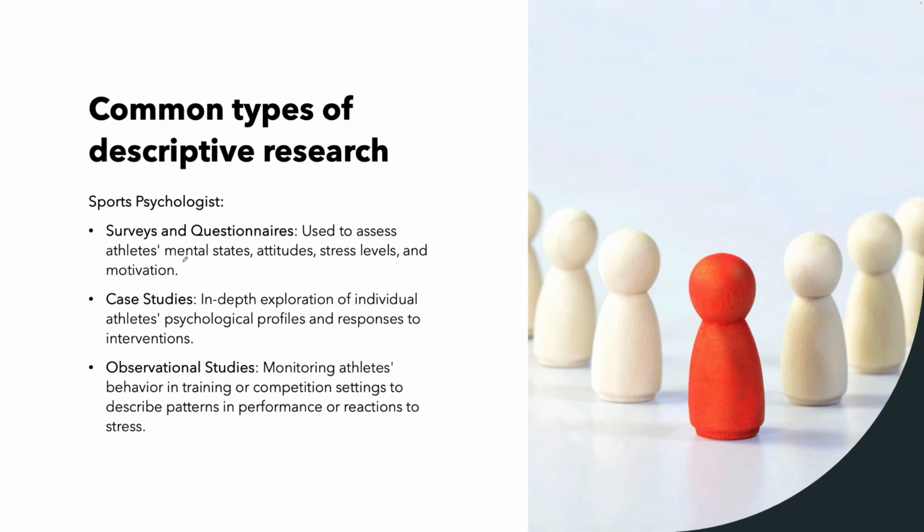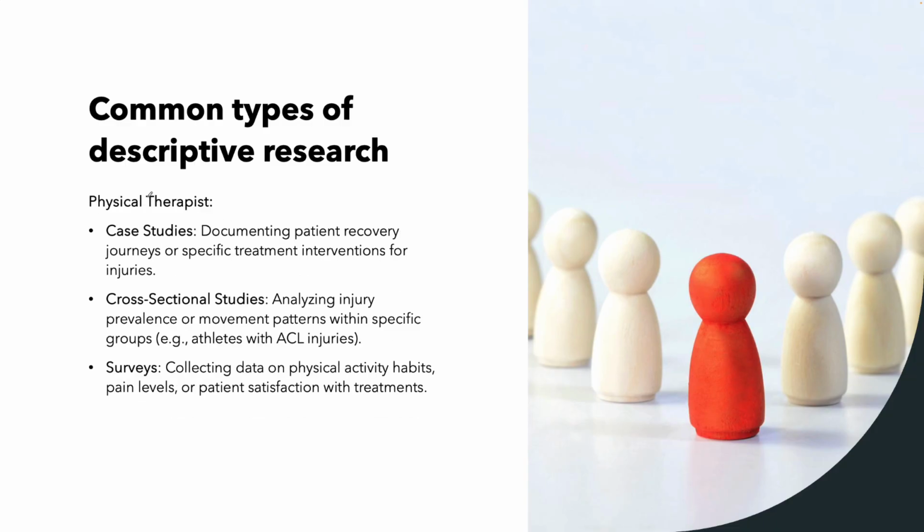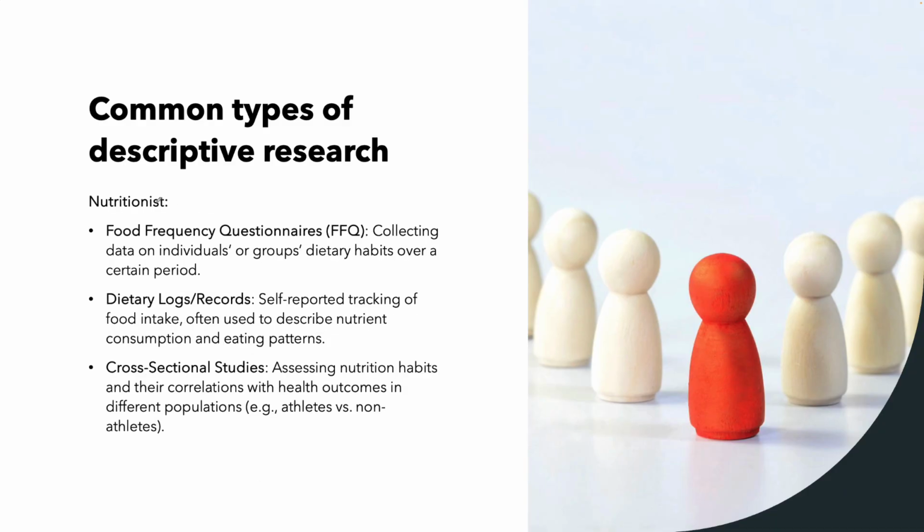Sports psychologists might use surveys and questionnaires. So you'll have to tell PubMed to find that for you. Physical therapists might use a combination of both, but these are the studies that might be most prevalent in physical therapy. Biomedical and nutrition would be, if I'm doing descriptive, it would be this, right?